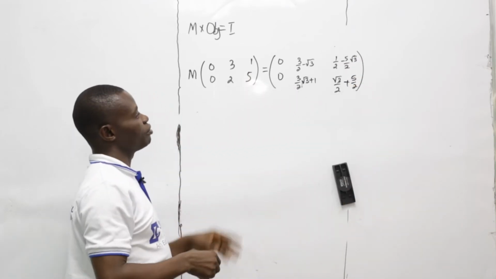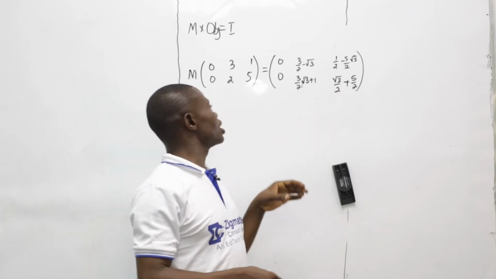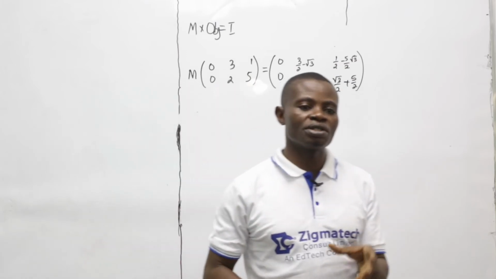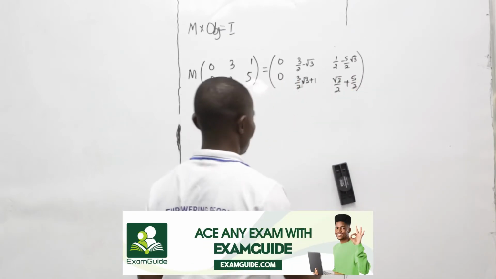What is the order of the image? 2 by 3. What is the order of the object? 2 by 3. Therefore, the order of the matrix is going to be what? 2 by 2. Let us see how it works.